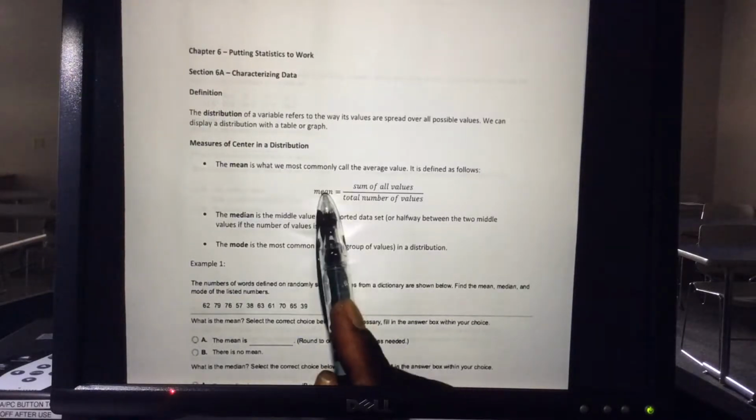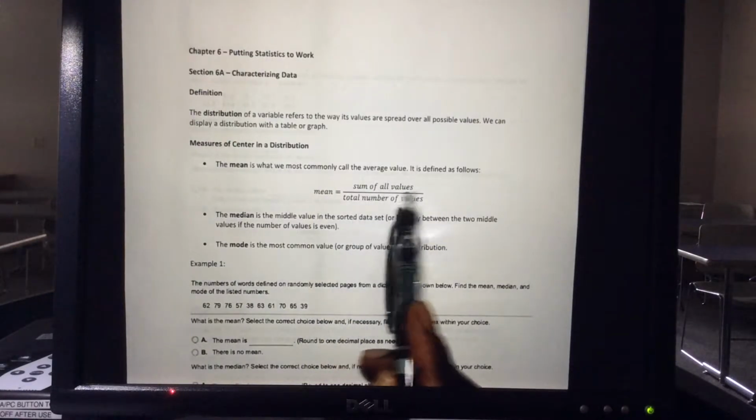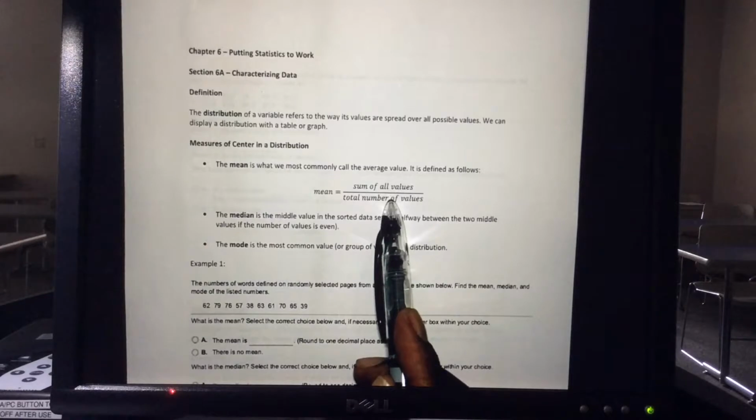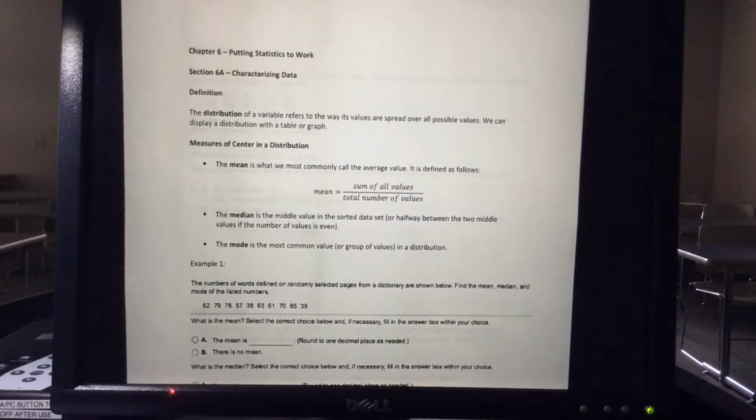Here, to find the mean of a set of data, we're going to take the sum of all the data values and divide that by the total number of data values in that data set. And then the median is going to be the middle number in the sorted data set, or halfway between the two middle values, if the number of values is even.